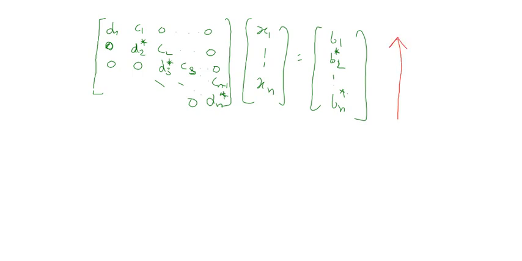To start with, you require this, and then it is backward substitution. Find xn minus 1, which is equal to bn minus 1 star minus cn minus 1 xn, divided by dn minus 1 star.